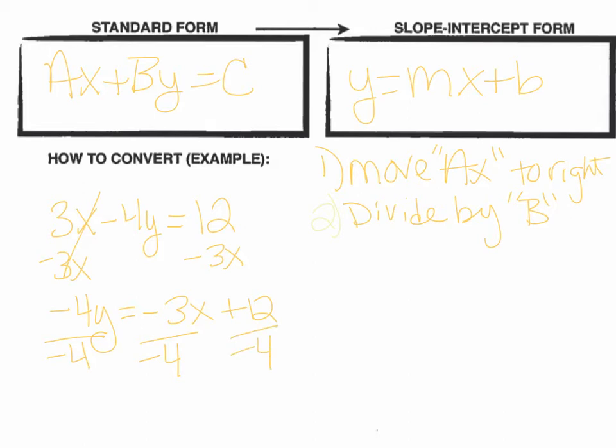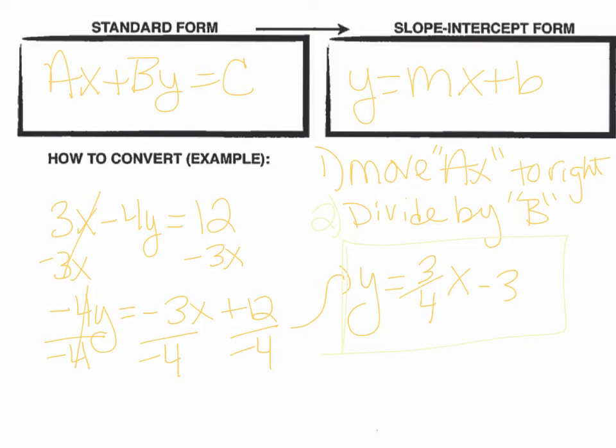When I do that, the negative 4 over negative 4 gives me 1. So I'm left with y equals, here I have negative 3x over negative 4, which would simplify to 3 over 4x. And then lastly, I have 12 divided by negative 4, which would be negative 3. And so there we have our slope-intercept equation, y equals 3/4 x minus 3.